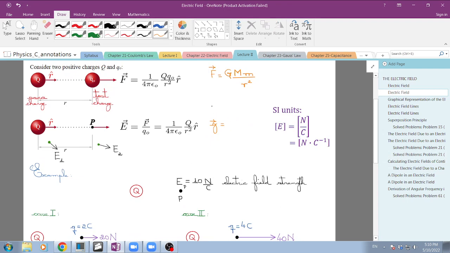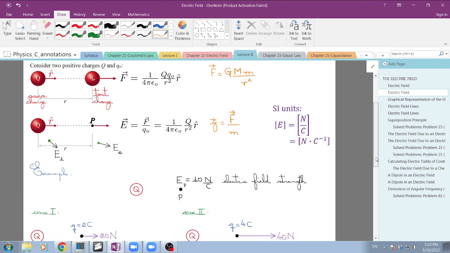And we knew also that the gravitational field was this gravitational force divided by mass.